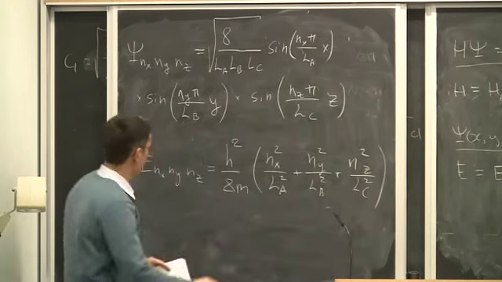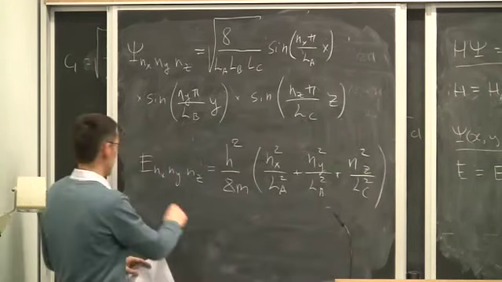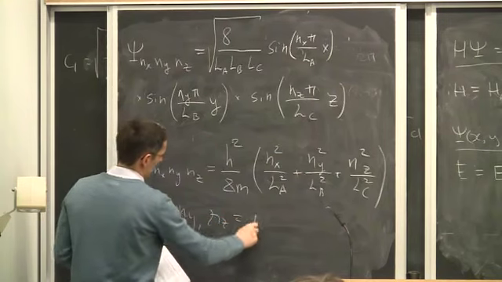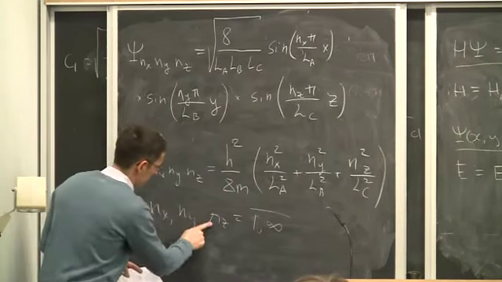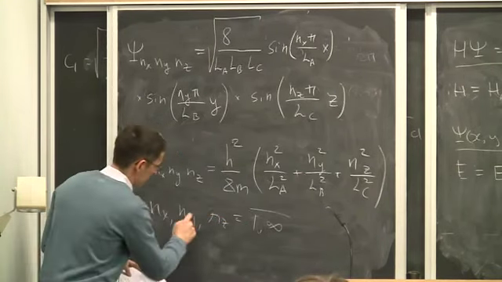Okay, and then of course n_x, n_y, and n_z can run from 1 to infinity, each of them. Okay. Any questions?